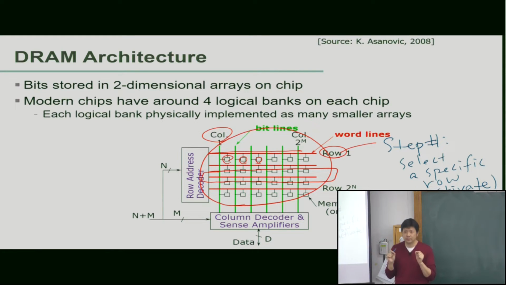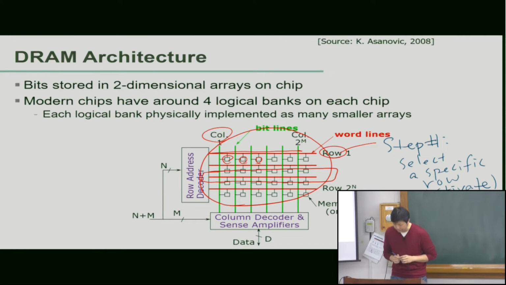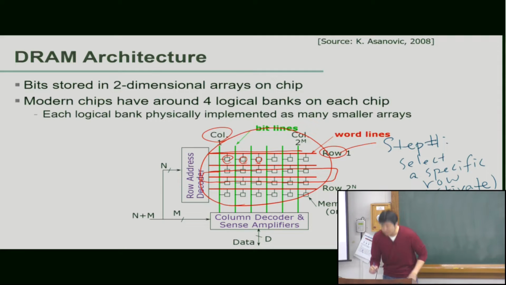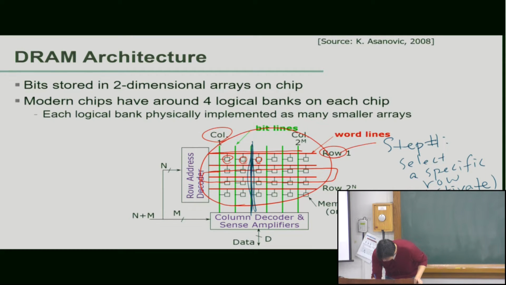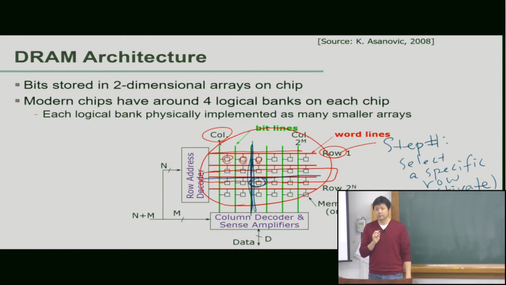This is called activate. Then you select a column. Usually you actually select not just 1 bit, but multiple bits in a group. This is called the column address. So if you select this column, for example, now you access this specific cell.